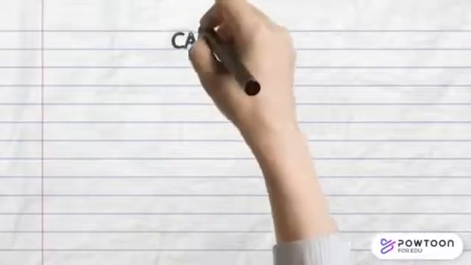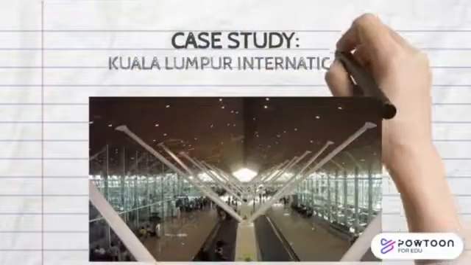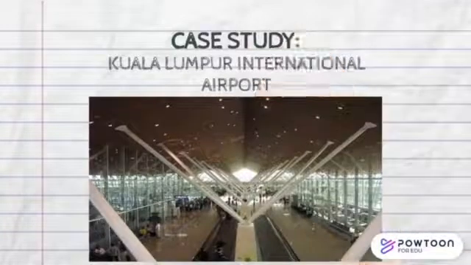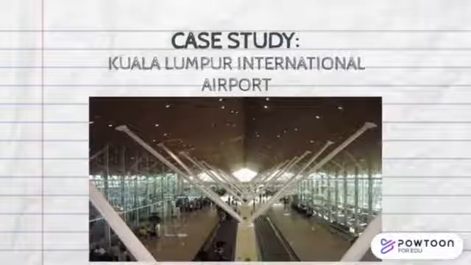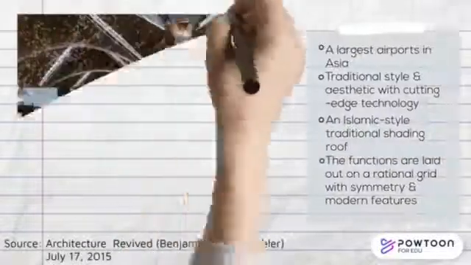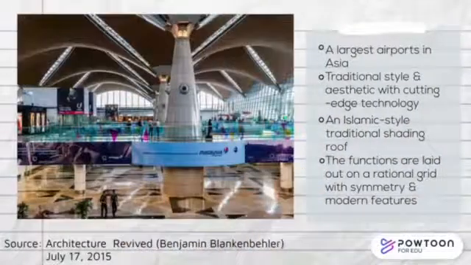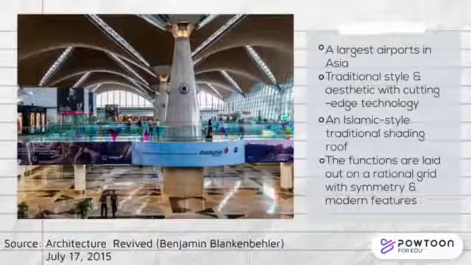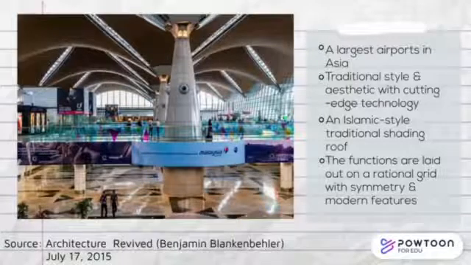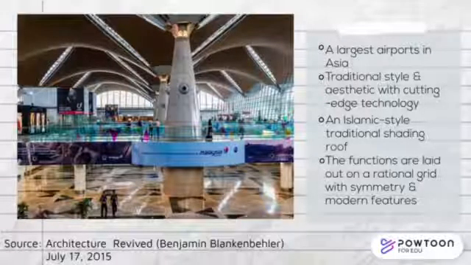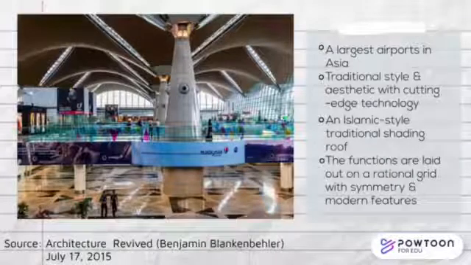For this project, we chose Kuala Lumpur International Airport as the case study. The Kuala Lumpur International Airport, KLIA, in Sepang, Malaysia, is one of the largest airports in Asia. Kisho Kurokawa designed the KLIA with traditional style and aesthetic combined with cutting-edge technology.